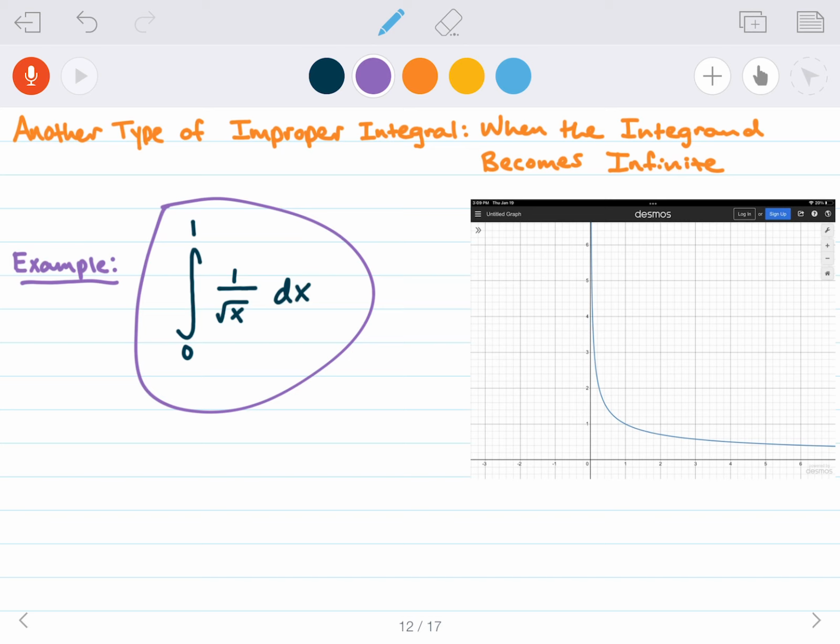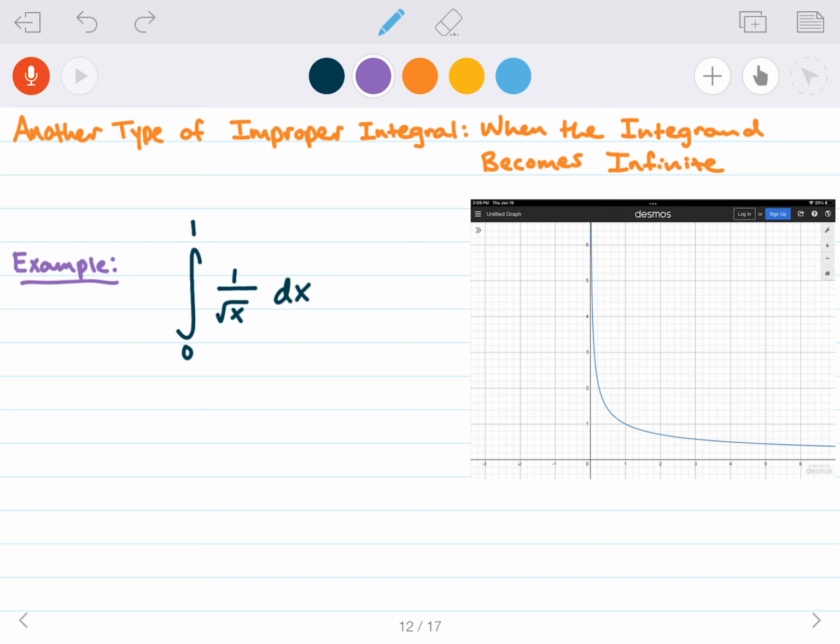But the issue here is that we have a problem with the integrand, the function that's being integrated. We have a problem within those numbers from 0 to 1. So the first thing we need to do is figure out where the problem is in this interval from 0 to 1. The only way we have issues with this function is if the denominator is equal to 0, because a function can't be defined when the denominator is 0.